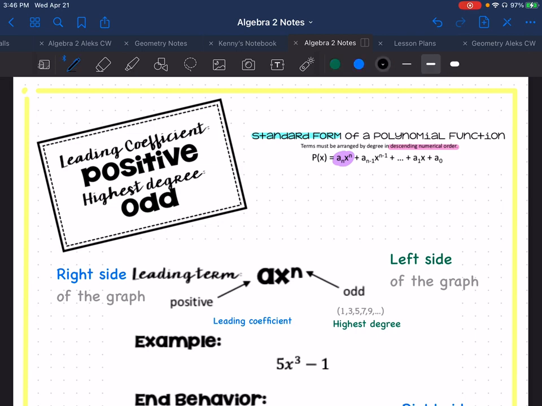The right side of my graph is going to be based off of my leading coefficient, this number right here, if it is positive. When my highest degree for my left side is odd, 1, 3, 5, 7, 9, 11, 13, we can just keep going, it's going to tell me something different.